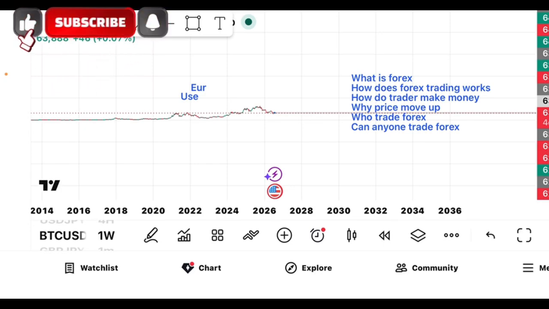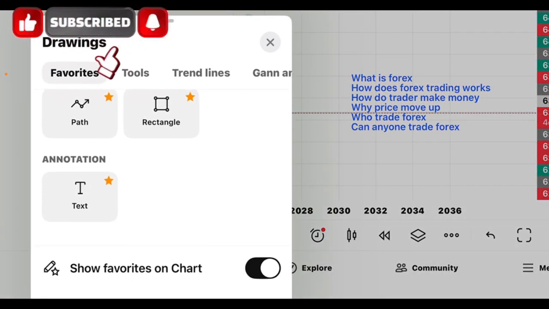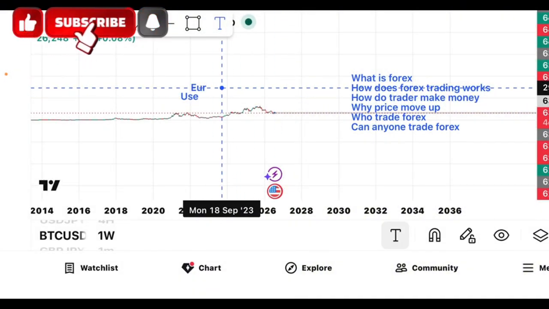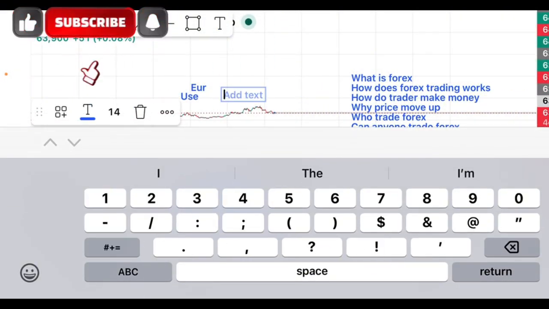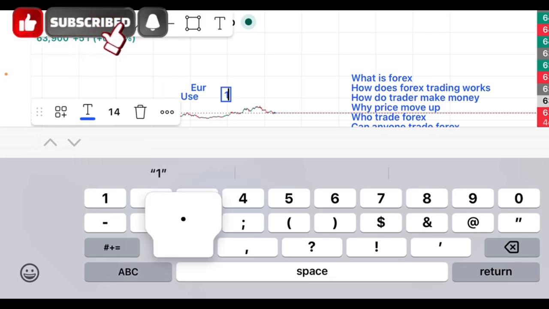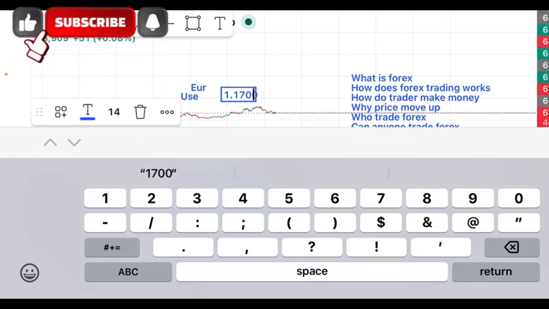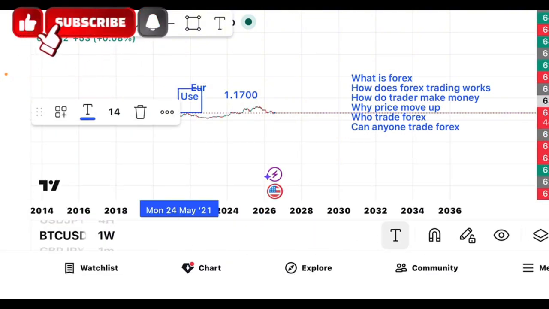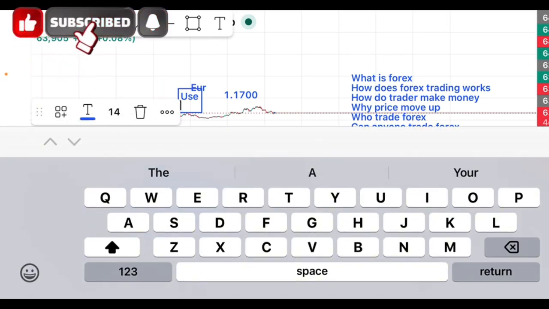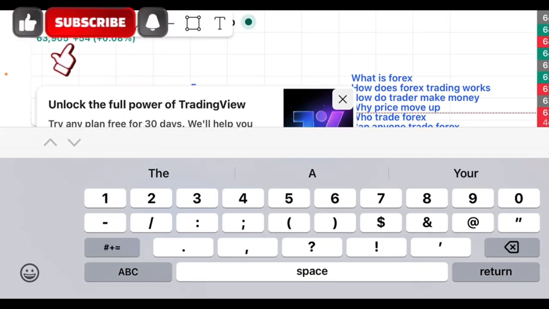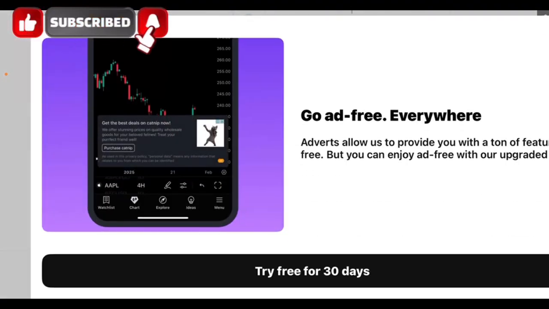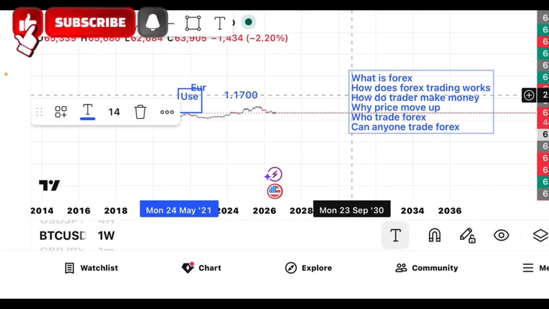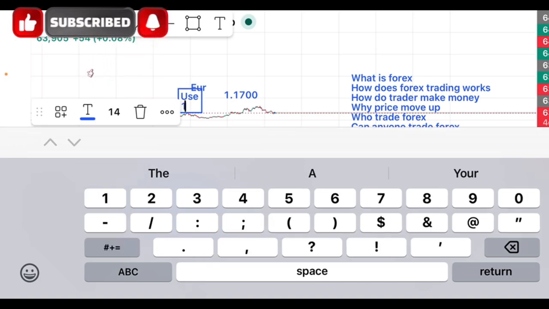Okay, let me give you this example now. Let's assume that we have Euro starting at 1.17000 at this time that I'm making this video, and we have USD, that is dollar, standing at 1.200.